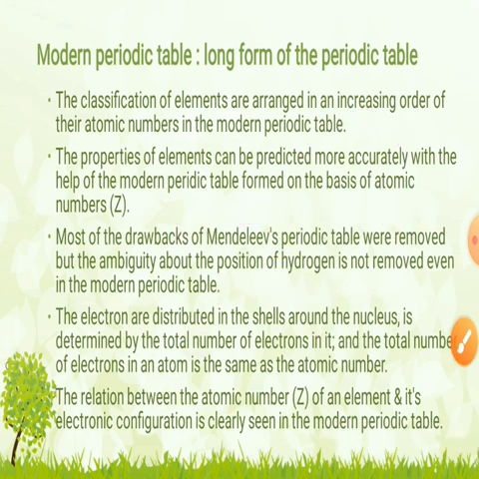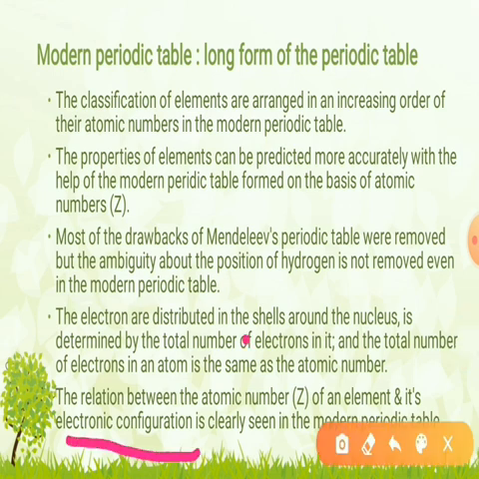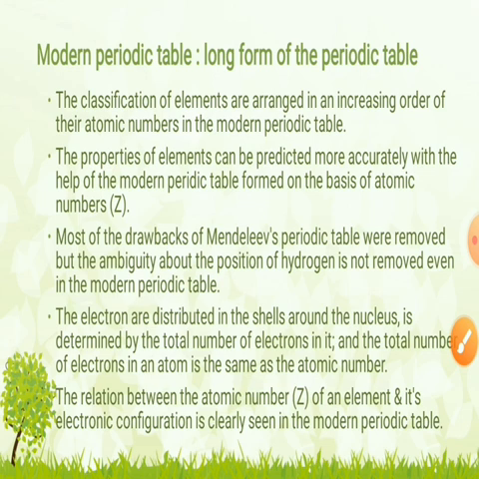The relation between the atomic number Z of an element and its electronic configuration is clearly seen in the modern periodic table. We will study the electronic configuration and the shells of an atom in more detail further on.